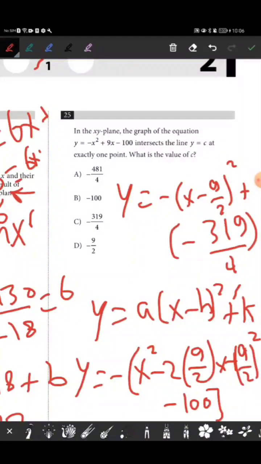And the vertex is k, so k is negative 309 over 4, so the answer is C.